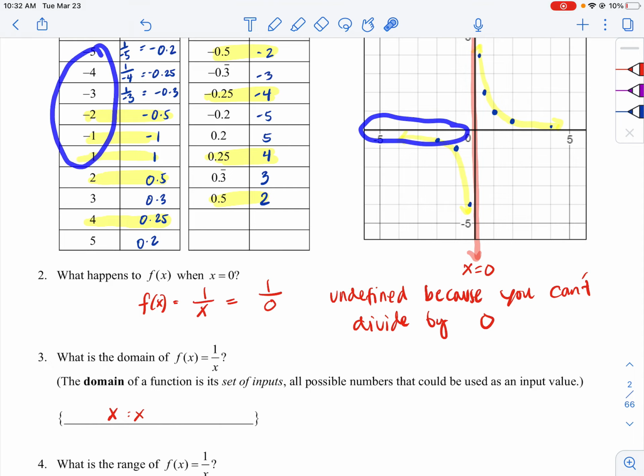But we can't have x equal to 0. So for our domain restriction, x can be anything, but it cannot be equal to 0.